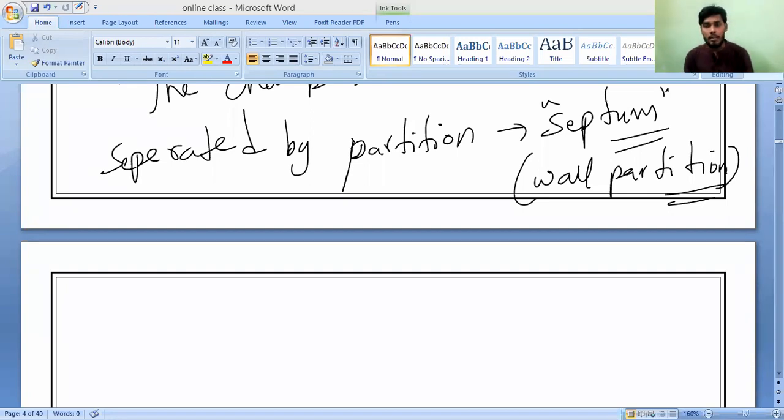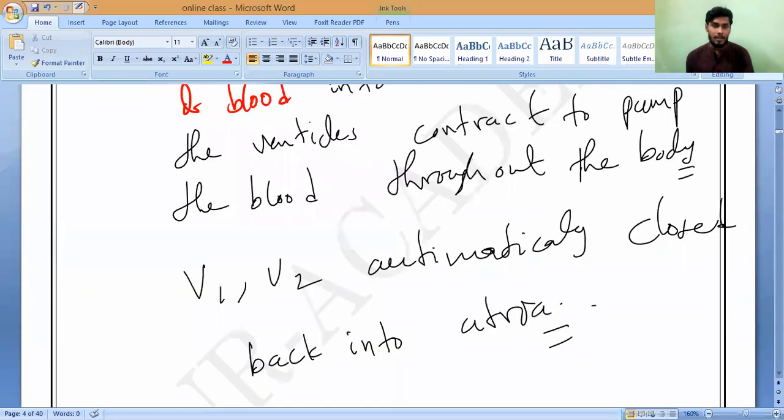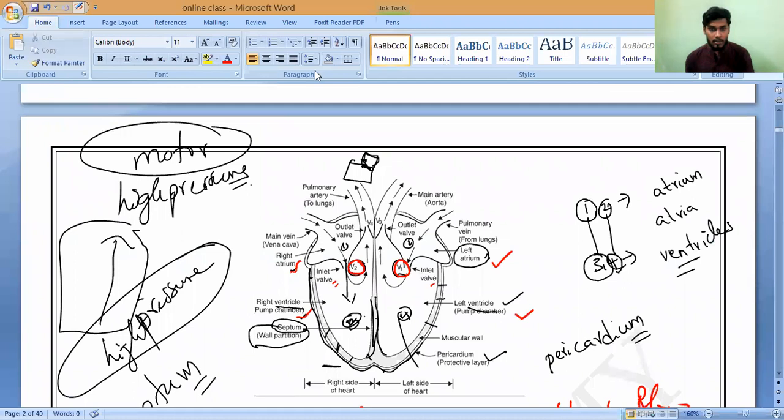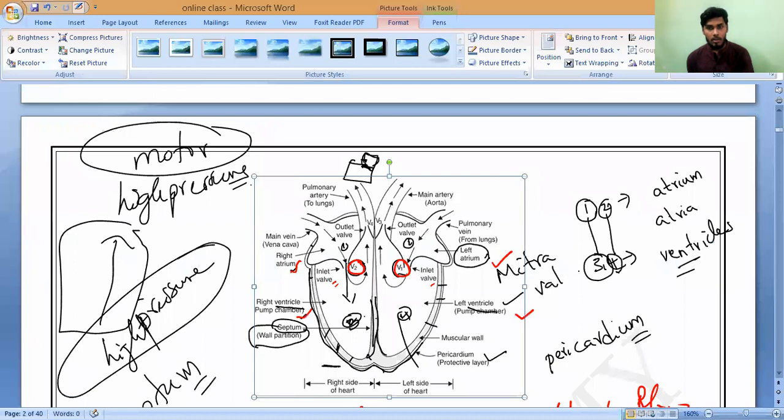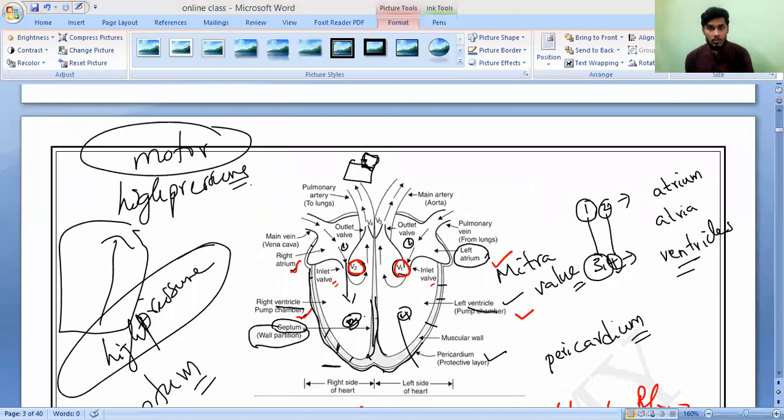The wall 1 is called the mitral wall, M-I-T-R-A-L, mitral wall. V1 is known as mitral wall. Please note it down. So this V1, this inlet wall, is called the mitral wall. Note down the name, all of you. Do you understand?